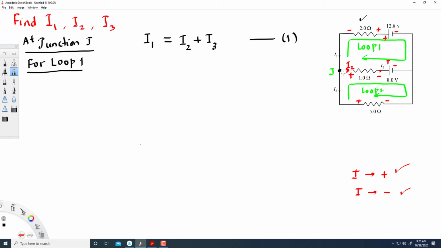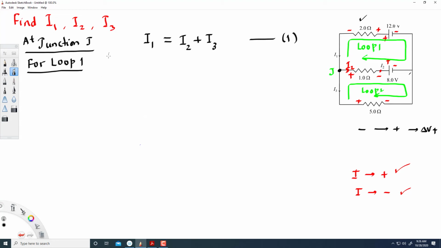That means we are going from negative to positive. When we go from negative to positive, we are going uphill, towards the higher potential.